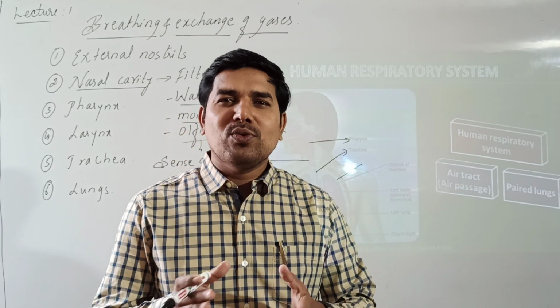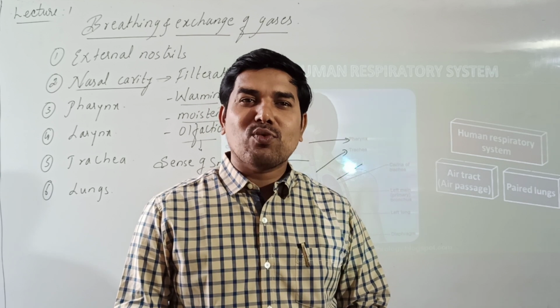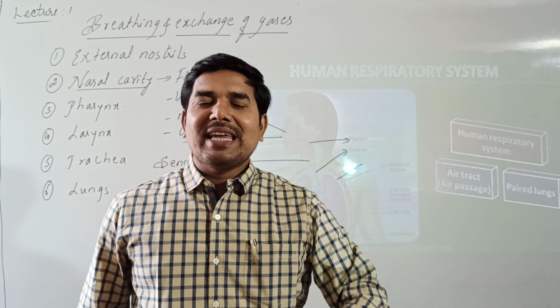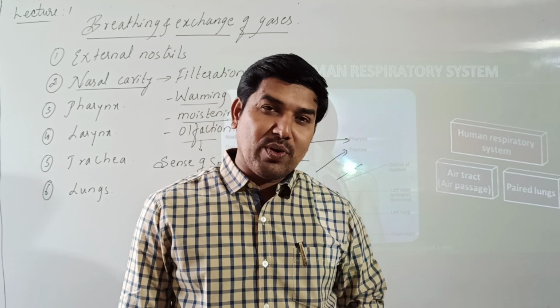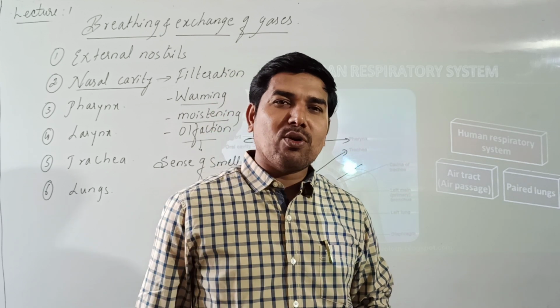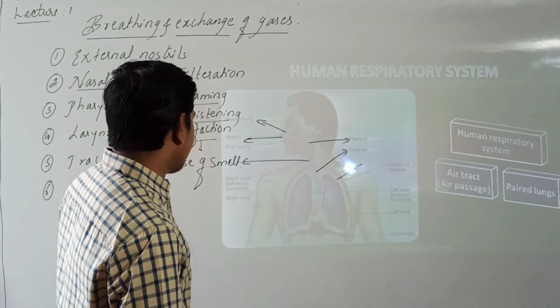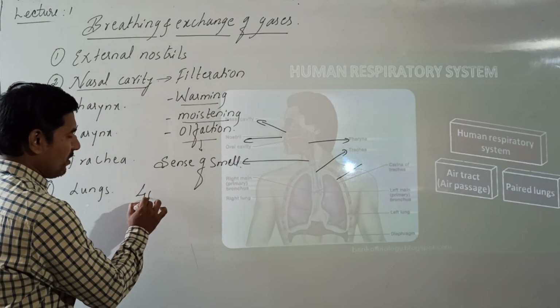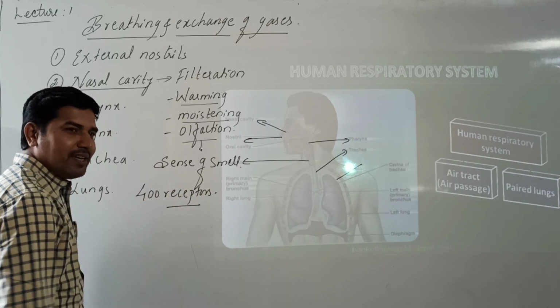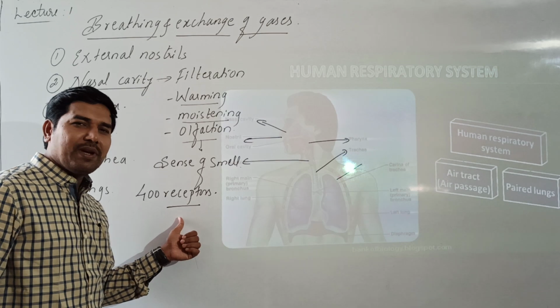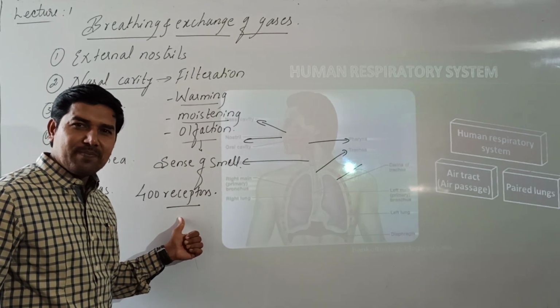According to research, the area of this olfactory region is around 2.5 square centimeters, which consists of around 400 receptors, and these receptors are said to be olfactory receptors.